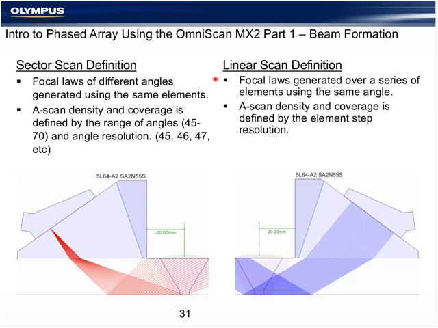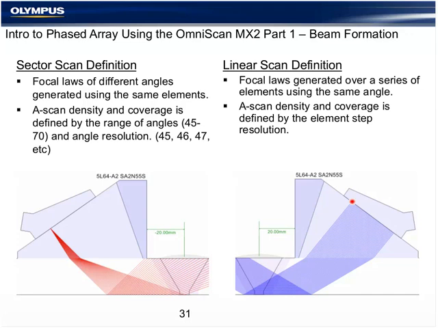The linear scan is going to take the same angle. In this case, I think it's about a 50-degree angle, and it's going to step that 50-degree angle through the entire probe. Element 1 through 16 for focal law 1, element 49 through 64 for the last focal law.